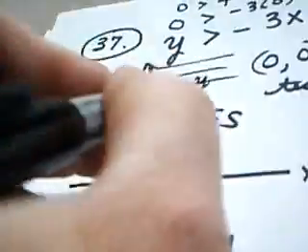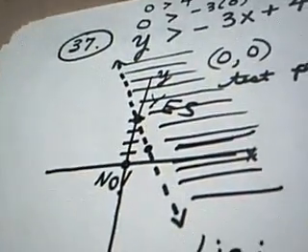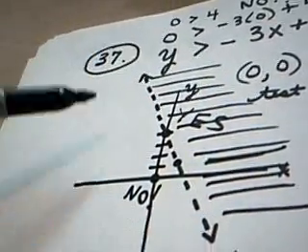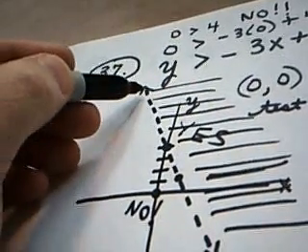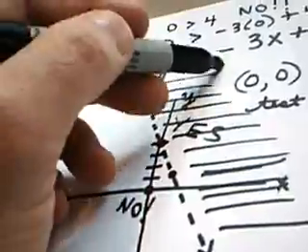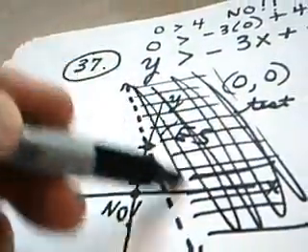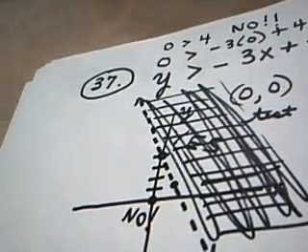And the way you indicate that to the person reading your problem is by shading it in. So what you see here is the answer to the problem. The answer to the problem is your dotted boundary line along with the shaded region above the line. And that is our solution to problem number 37.